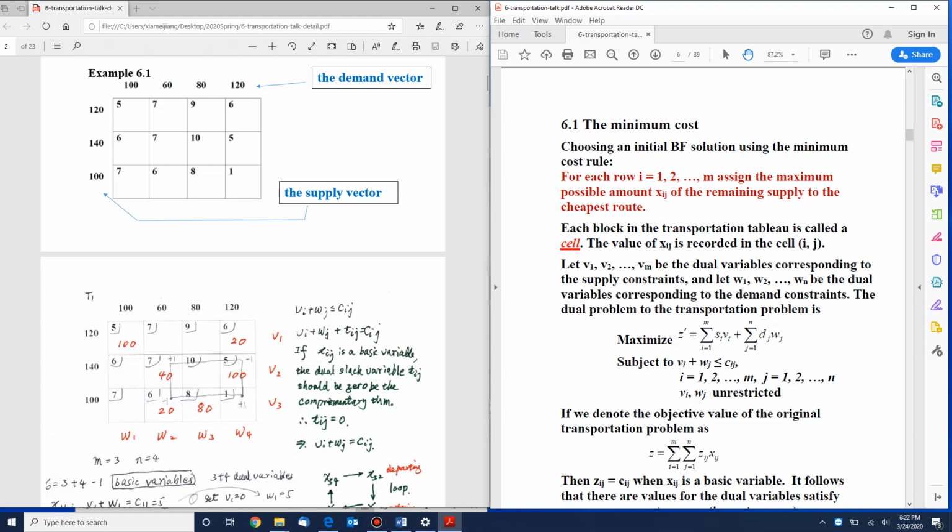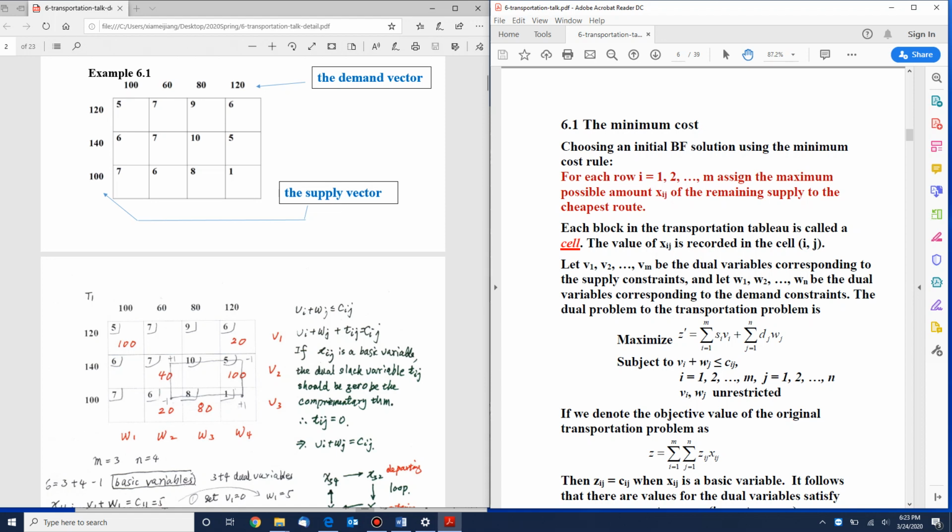Then we can easily write the dual problem of the transportation problem as a maximization problem. Note that the original transportation problem was a minimization problem. All the constraints are equalities, right? Equalities. So that means all these dual variables are unrestricted.